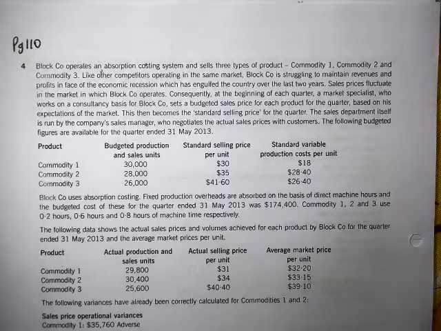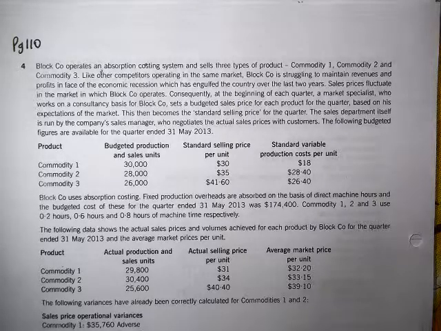Sales prices fluctuate in the market in which Block operates. Consequently, at the beginning of each quarter, a market specialist who works on a consultancy basis for Block sets a budgeted sales price for each product for the quarter based on his expectations of the market. This then becomes the standard selling price for the quarter. The sales department itself is run by the company's sales manager, who negotiates the actual selling price with customers.